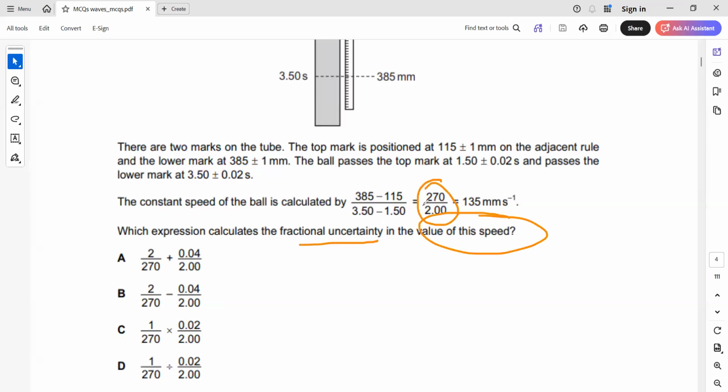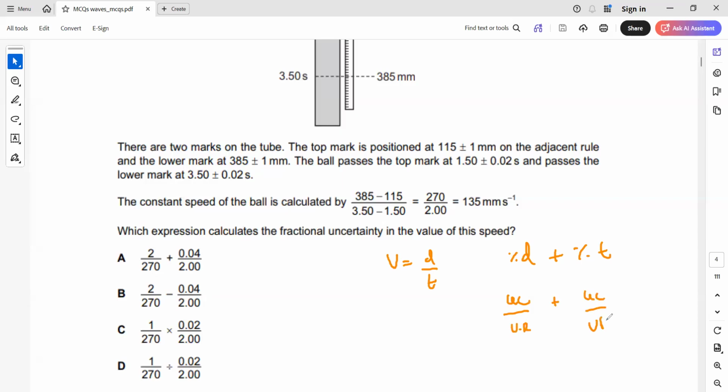So which expression shows the fractional uncertainty in the value of this speed? The speed was like 270 divided by 2, which was about 135. So what was the uncertainty? Basically, if speed is calculated by distance over time, distance will have a different unit, time will have a different unit. But if I need the percentage uncertainty in the value of a speed, I need the percentage uncertainty in D, plus the percentage uncertainty in T. Percentage uncertainty is uncertainty divided by the value recorded, and this is also uncertainty divided by value recorded.